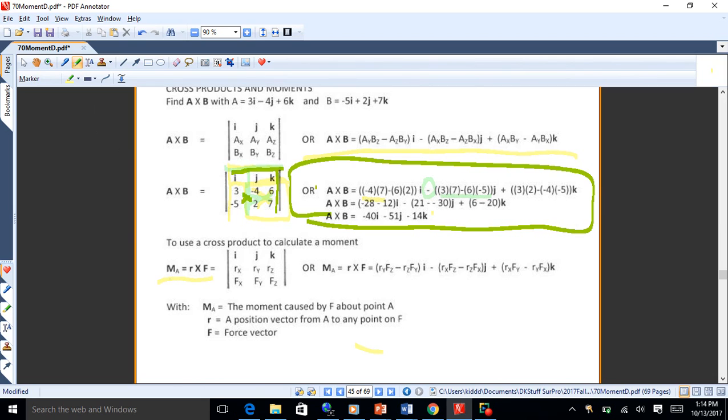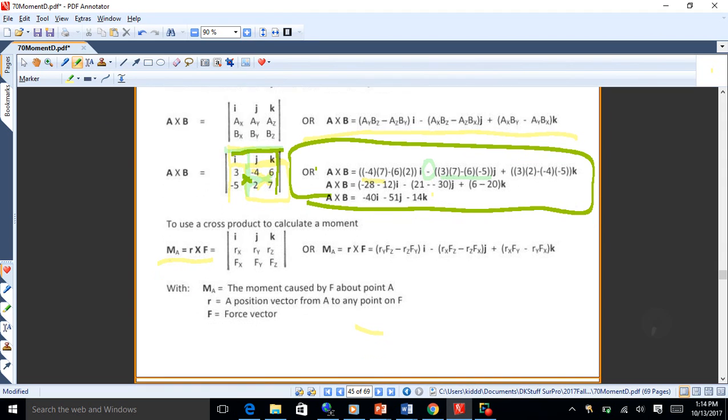Now it's got to be in that order. It's got to be R crossed with F. So you cannot do F cross R. It gets you a negative answer. So you've got to go R crossed F. All right?